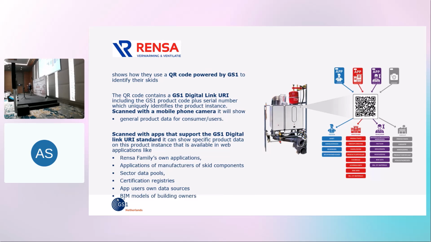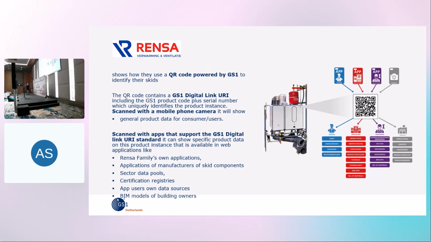The app will process the barcode, and imagine this will be the barcode that's on every physical item in the construction world. Once we have this digital product passport, we also have the application to put a barcode on our product. And the idea of GS1 is to have one barcode.